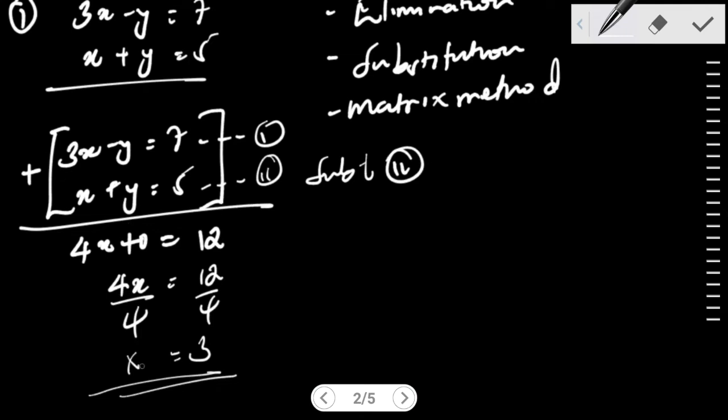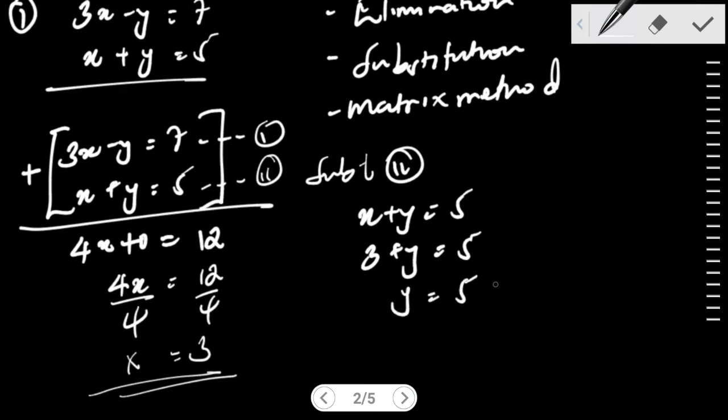So out of that, I have the value of x. That means x plus y equals 5, and x is 3, so 3 plus y equals 5, and therefore y equals 5 minus 3, which is 2.